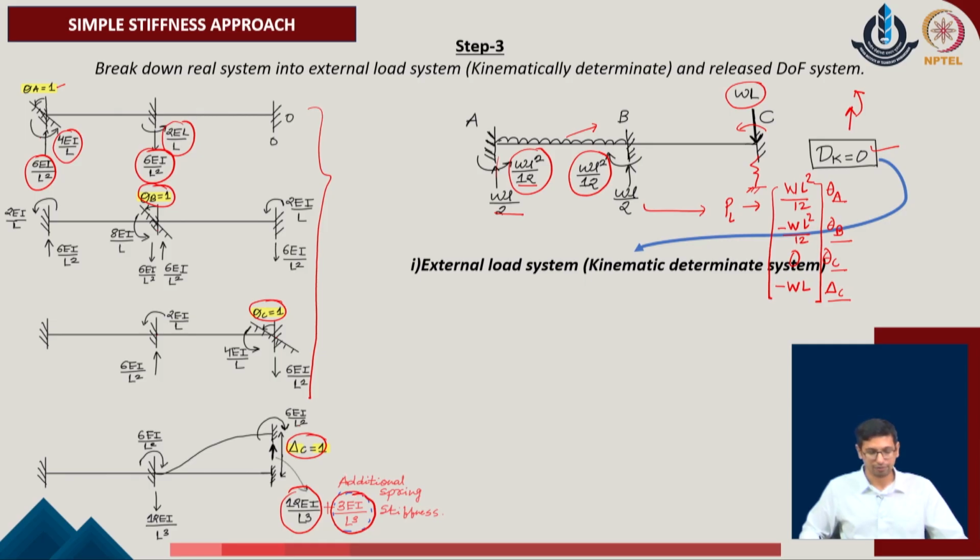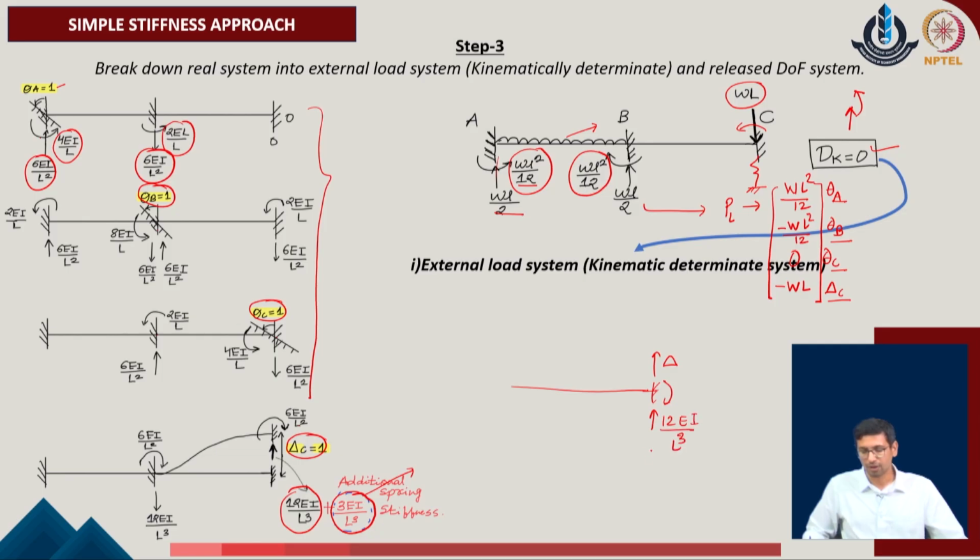So, that has been added with the additional spring stiffness, because at the given point it is not a simple system which is subjected to a translation in the vertical direction and which will have the force over here as 12 EI upon L cube.